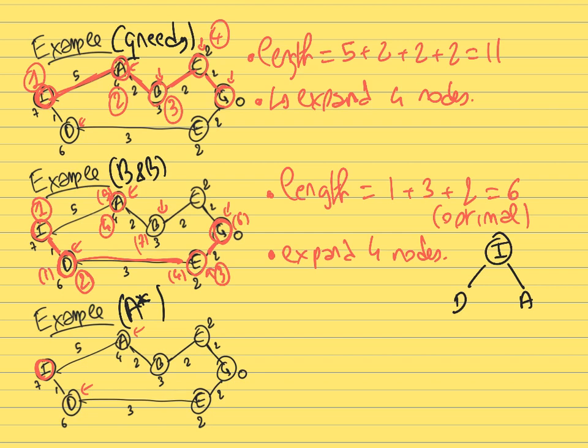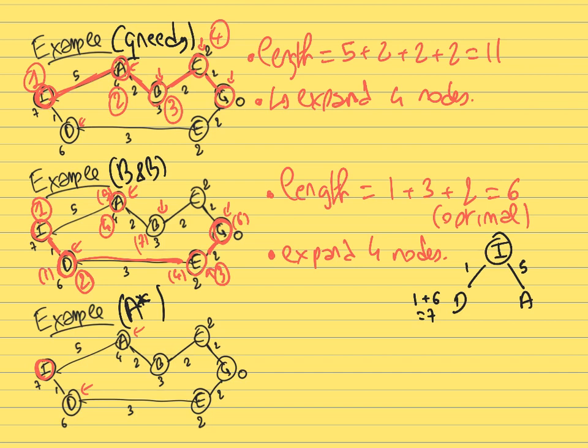The distance that you have traveled so far is 1 to go from I to D, and 5 to go from I to A. In the case of state D, the cost function is equal to the distance that you have traveled so far, which is 1, plus the distance from D to the final destination, which is 6. So the cost function for D is 7.